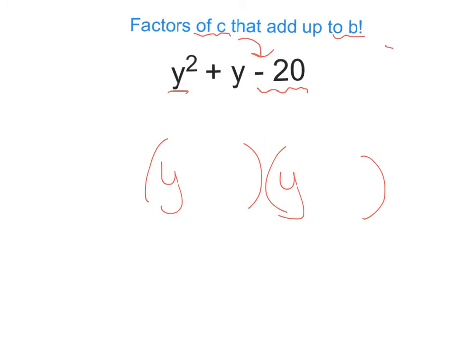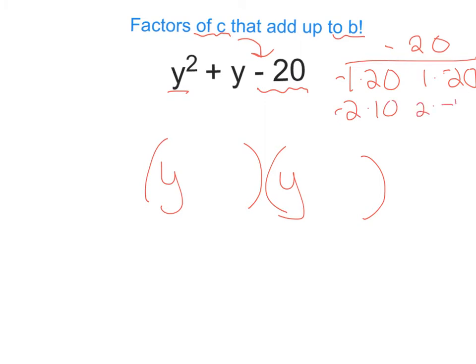So this time I could have negative 1 times 20, or 1 times negative 20. Negative 2 times 10, or 2 times negative 10. Negative 4 times 5, or 4 times negative 5.